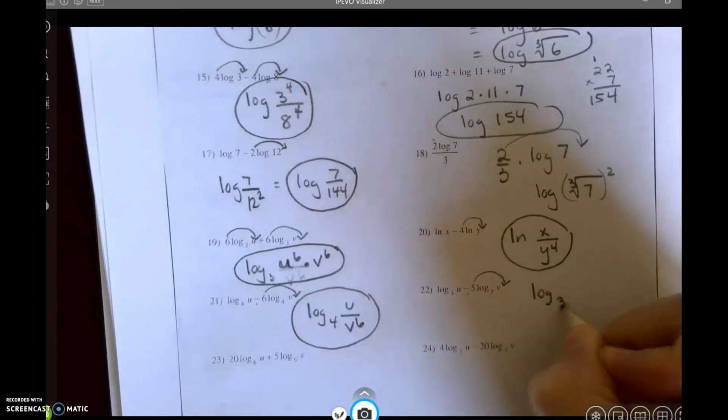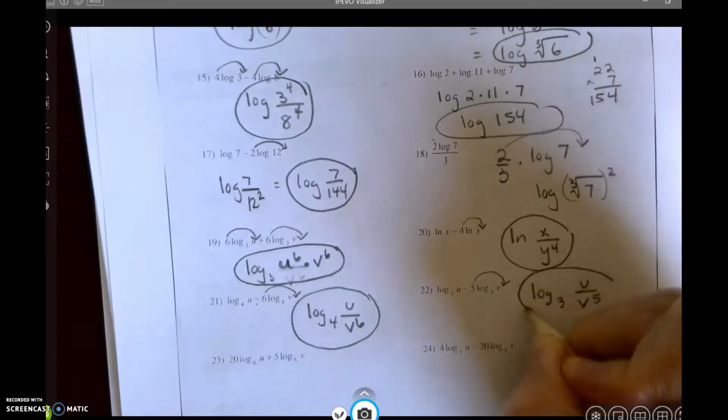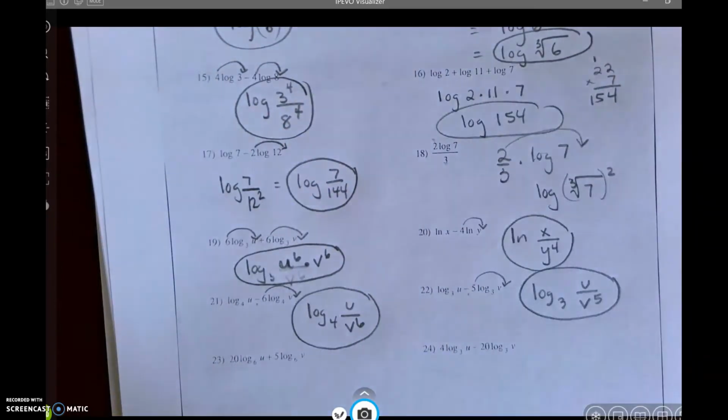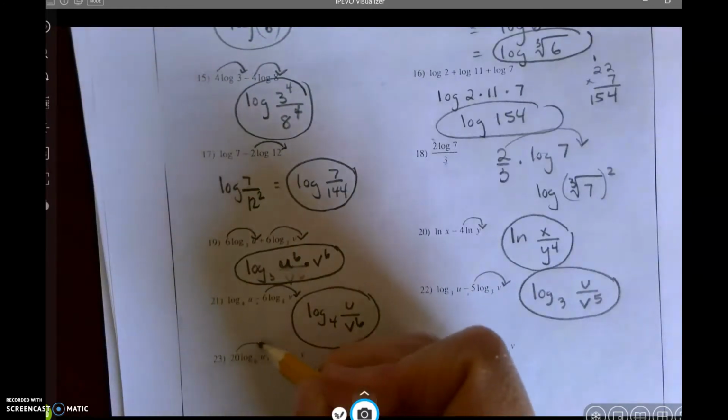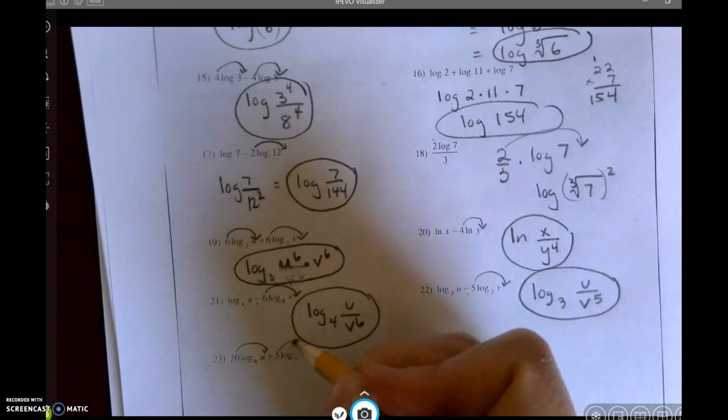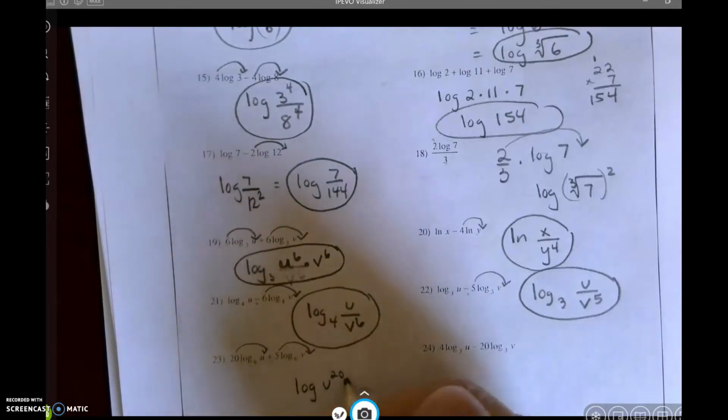So log base 3 of u over v to the 5th. This 20 becomes an exponent, this 5 becomes an exponent, and the addition becomes multiplication. So we have log of u to the 20th, v to the 5th.